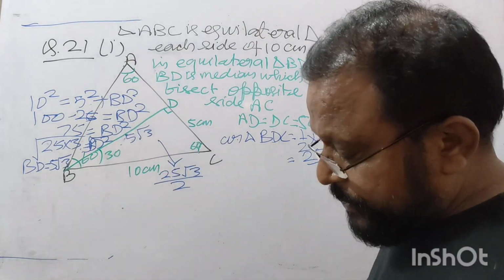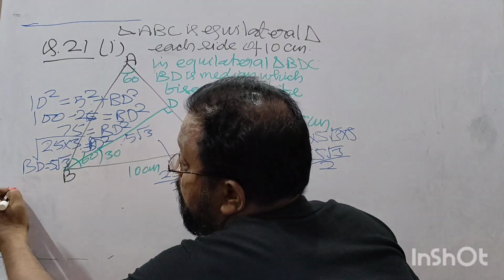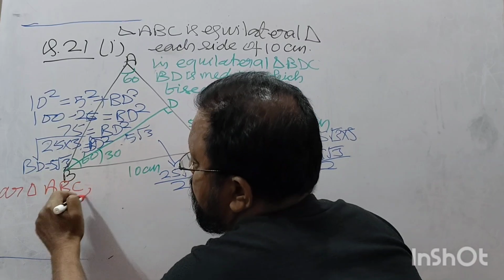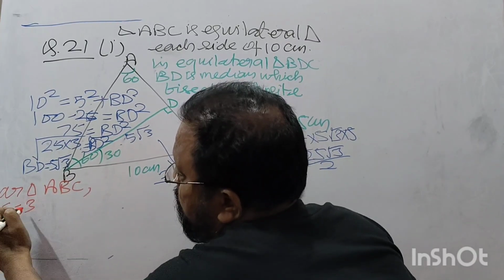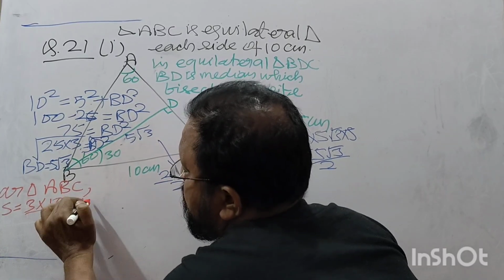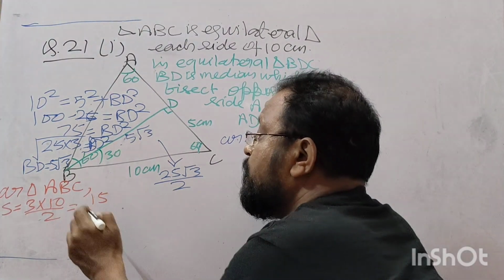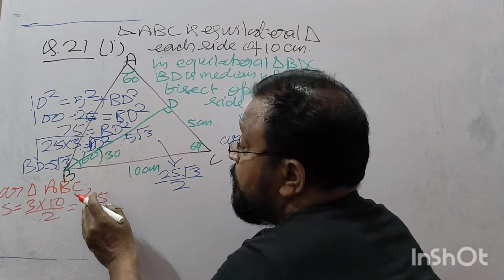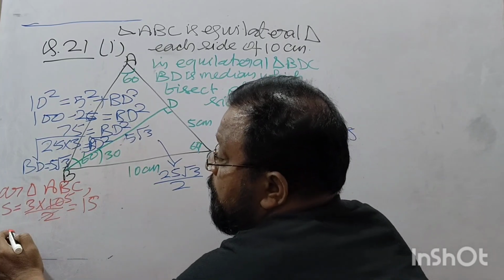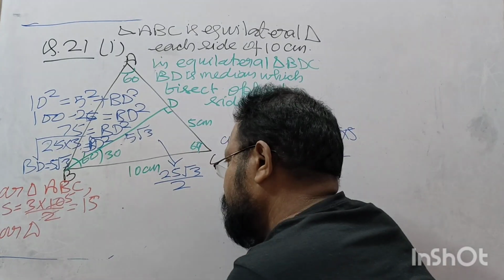Now area of triangle ABC. It is an equilateral triangle.